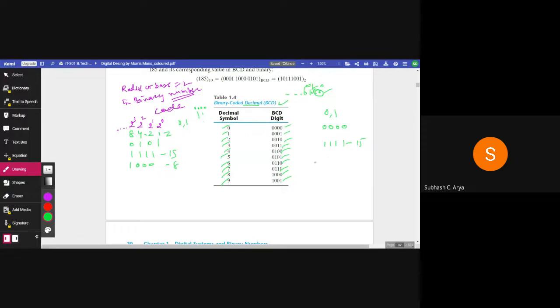It means binary numbers from 10 to 15 are not given in the BCD, and that is why it becomes a code, not a number.